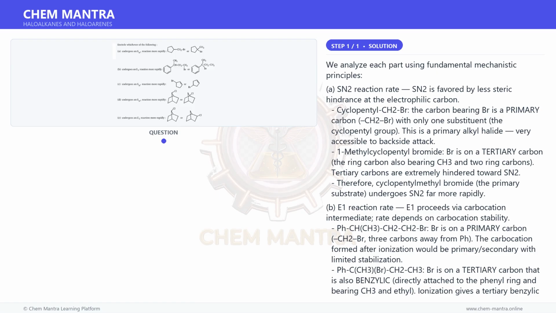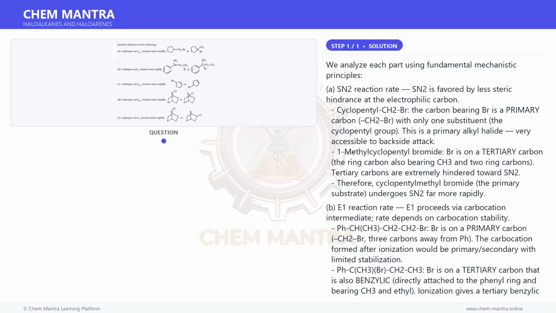E. E2 reaction rate. E2 requires an antiperiplanar arrangement of the H and leaving group. Both are chloronorbornanes. For the C7 chloride, on the 1-carbon bridge, the rigid bicyclic framework makes it geometrically very difficult to achieve the required antiperiplanar H-C-C-Cl arrangement for E2 elimination because of the bridged ring constraints at C7.